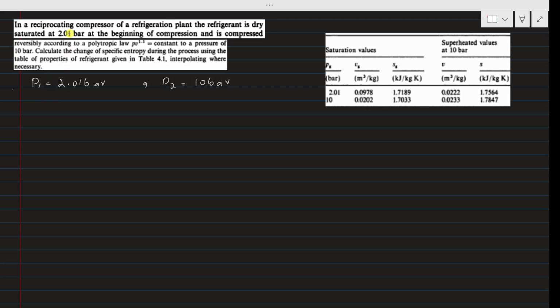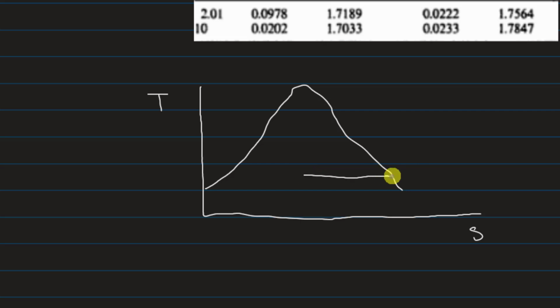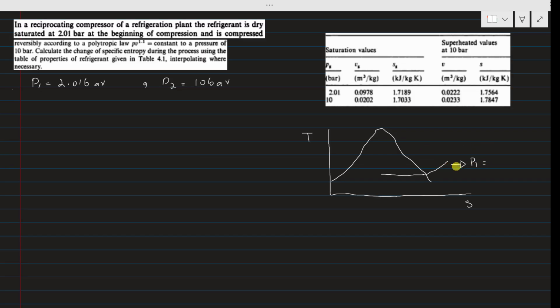For the state point P1, the statement says that at the beginning of the compression the refrigerant is dry saturated. So if I draw the T-S diagram, this is the pressure P1 line that is equal to 2.01 bar, and this is the high pressure line P2 that is equal to 10 bar.